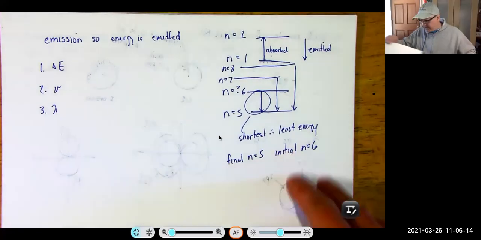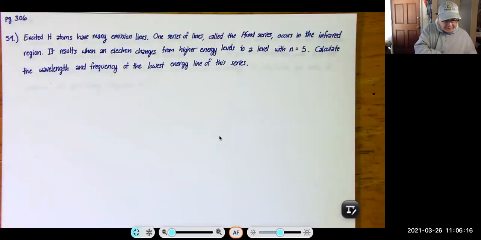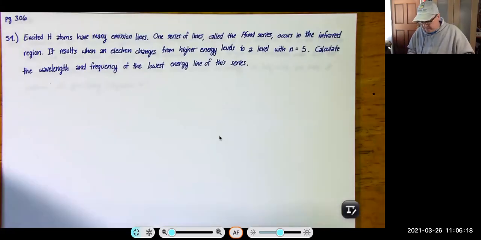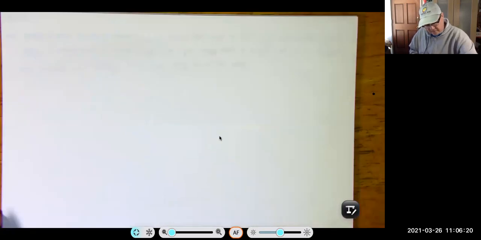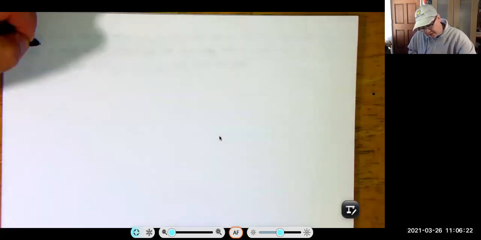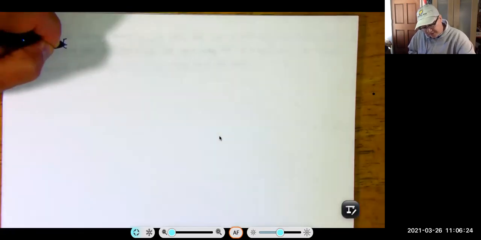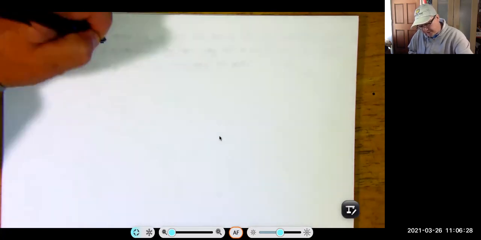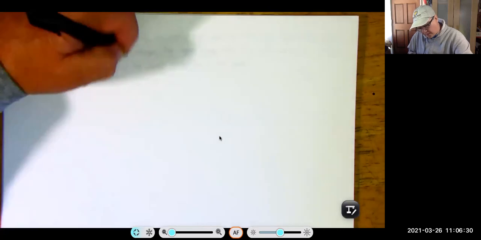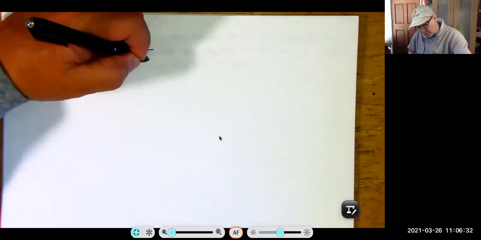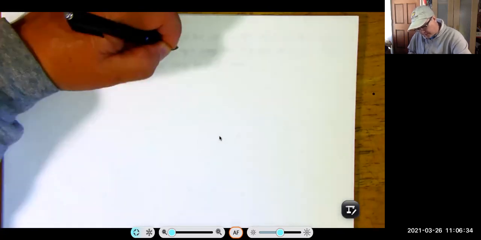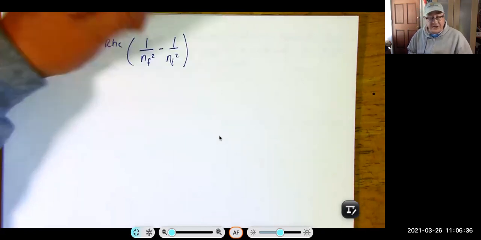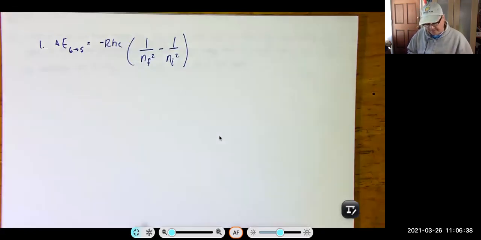To calculate the change in energy, this is the way I'm going to do it. Change in energy from 6 to 5 is equal to negative RHC times 1 over n final squared minus 1 over n initial squared. And this is an excellent equation to have on your card.